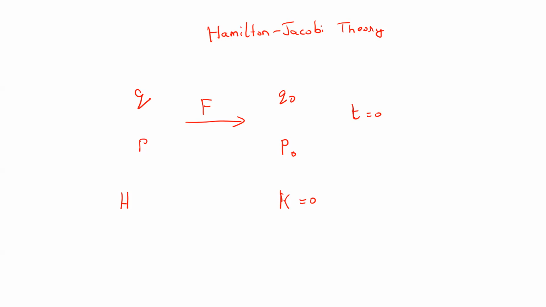So, as I said, the condition here is that the new Hamiltonian is 0, right? So the equations of motion, this is what Hamilton's equation of motion says, that Q dot is equal to dK by dP, and we are demanding that the new Hamiltonian is 0, so therefore Q dot will be 0.